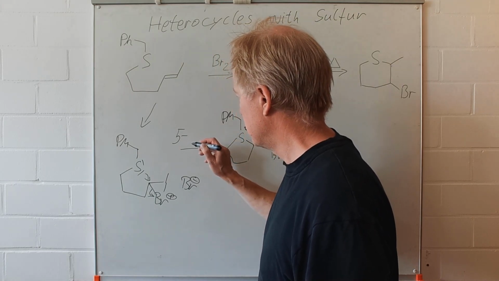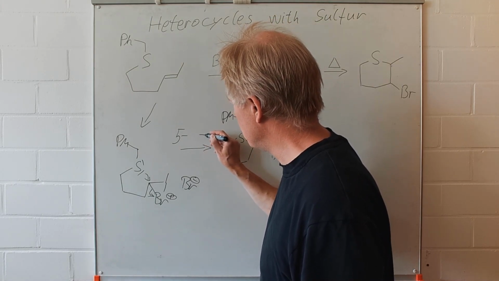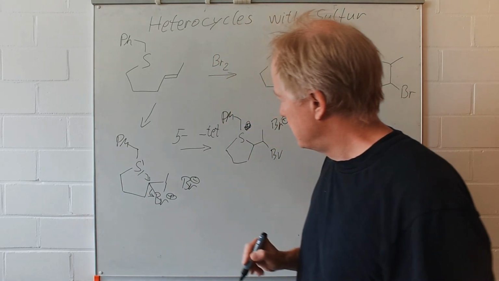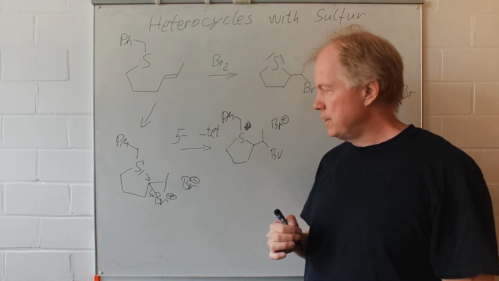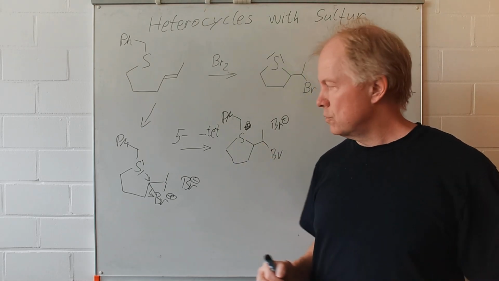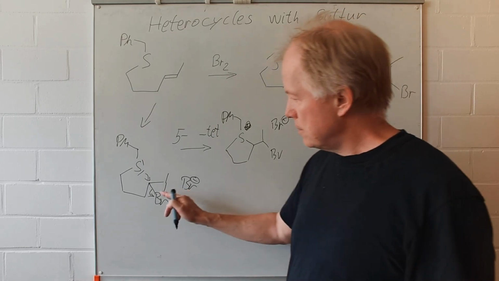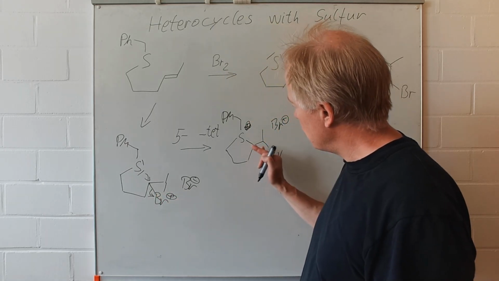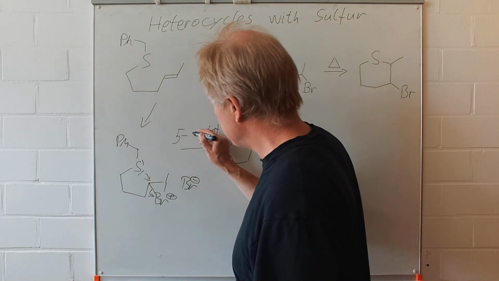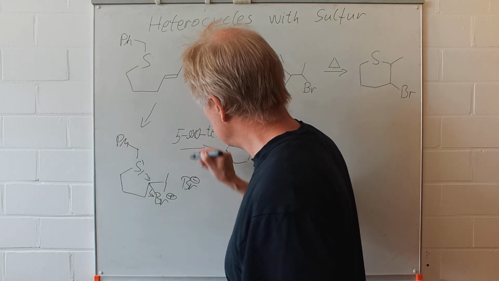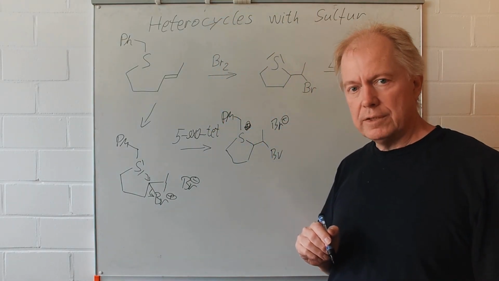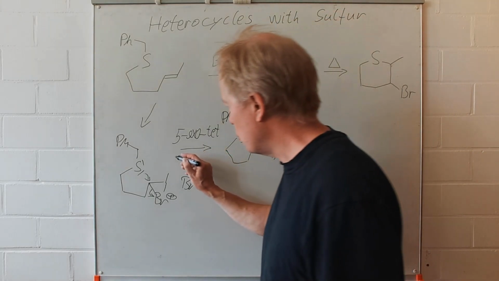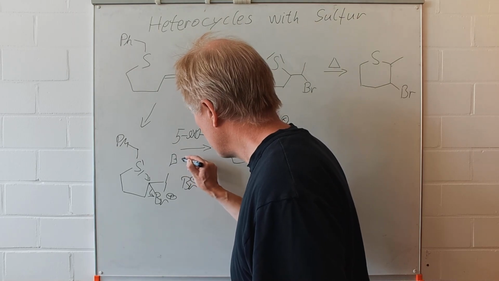Therefore, we have to add tet as the ending for tetragonal, and the bond which is broken is located outside of that ring, and therefore we add an exo in between. It's a 5-exo-tet cyclization according to Baldwin.